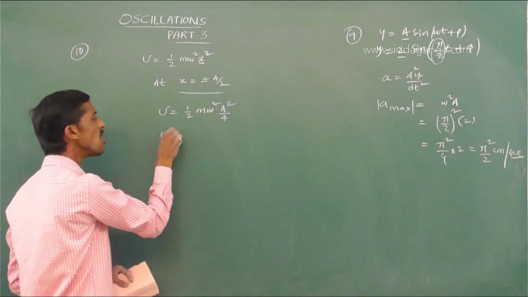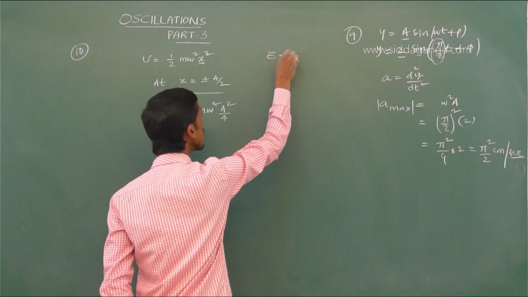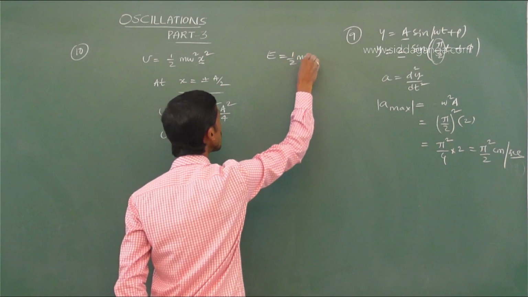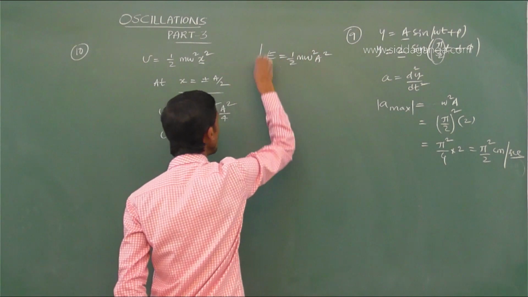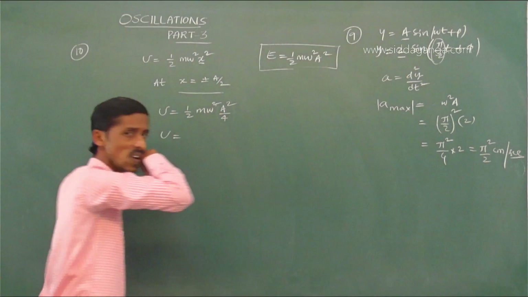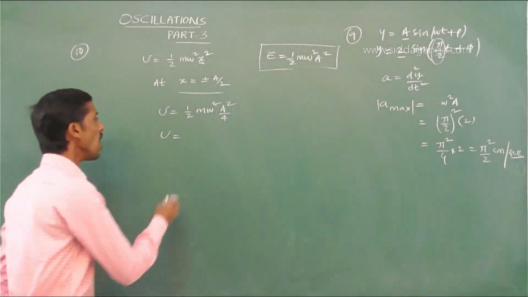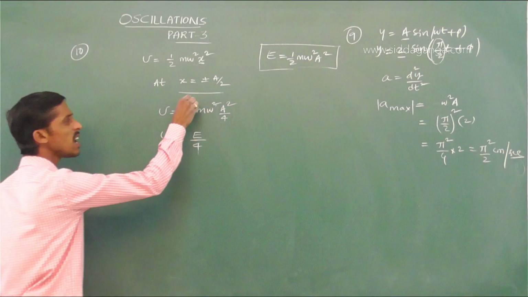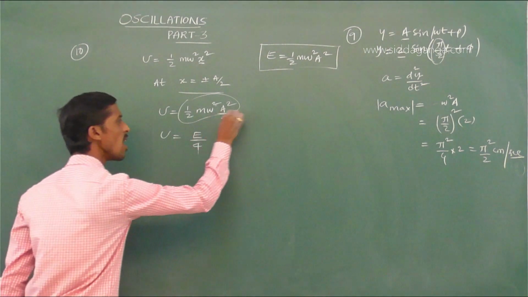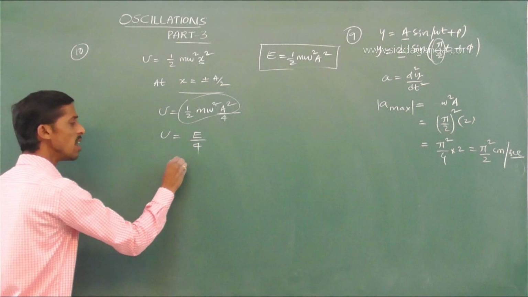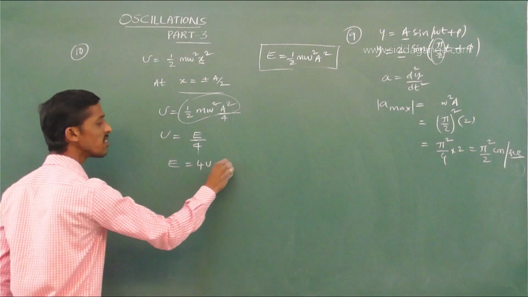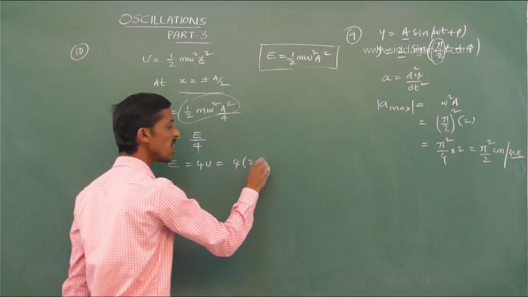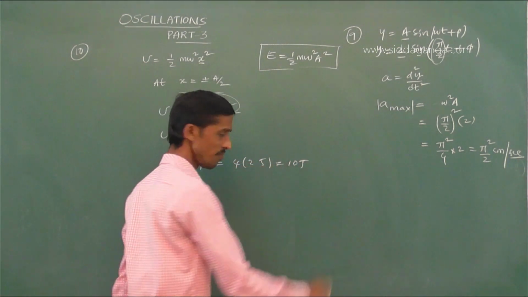But you know the total energy formula: half m omega square a square. So total energy E is 4 times the potential energy, so 4 times 2.5, 10 joules.